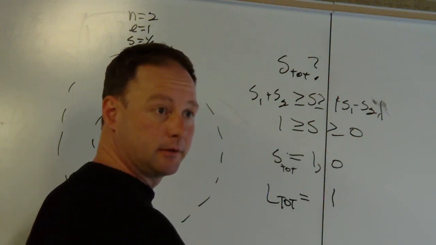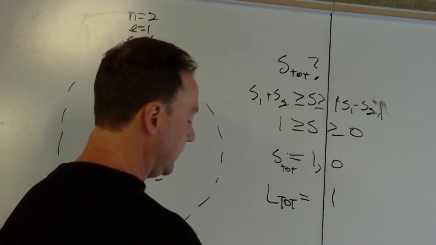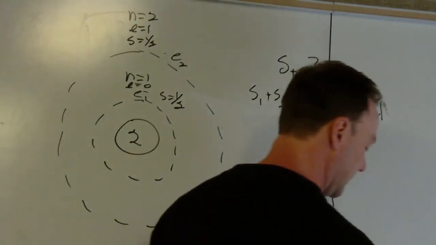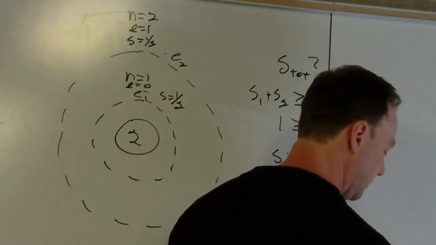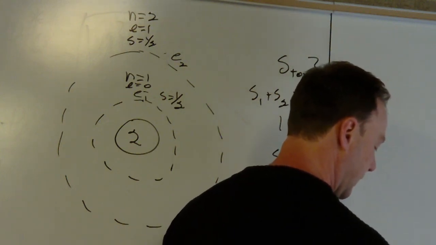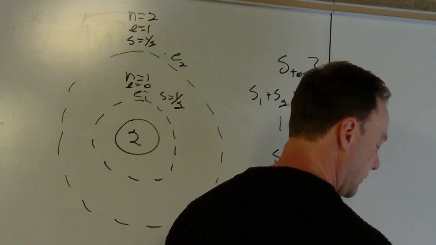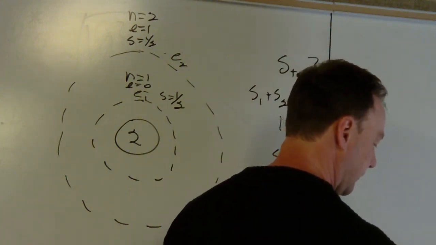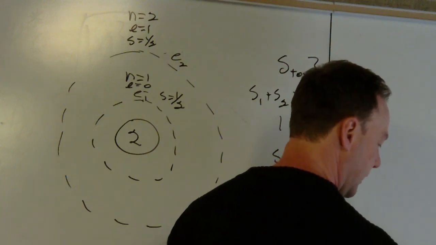Okay? So quite literally what this thing looks like, or what we can imagine is, here's the helium, the plus 2, and here's this one. We can have an up, and this is the n equals 1, L equals 0. And then here's the other level, n equals 2, L equals 1.